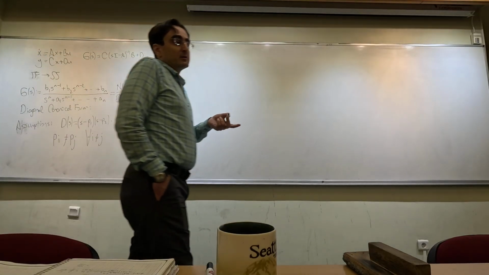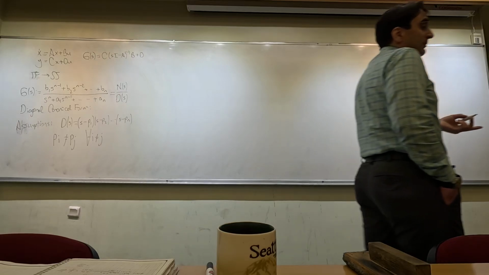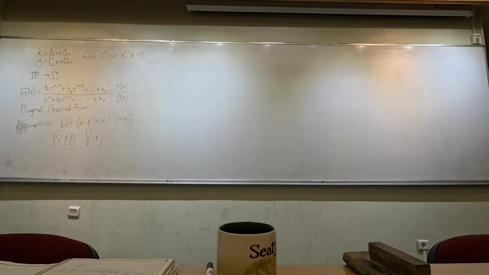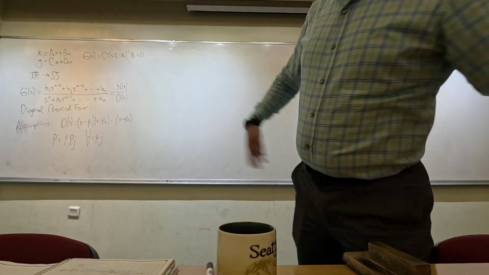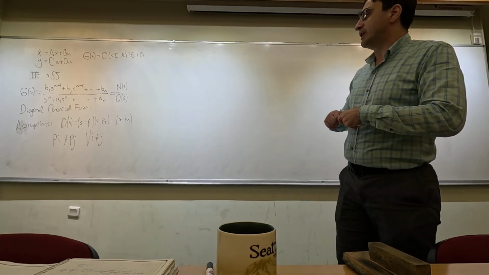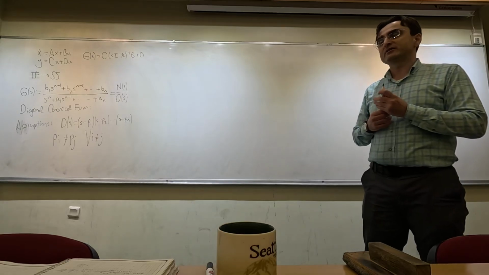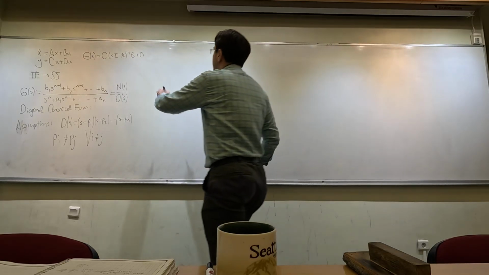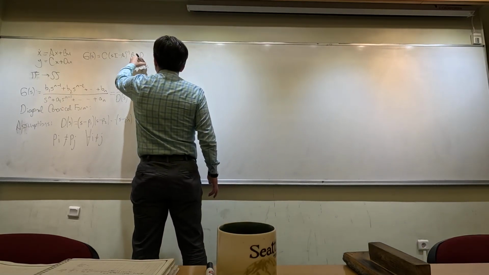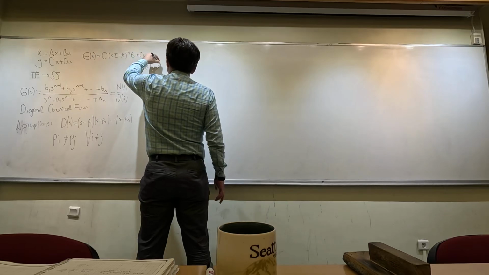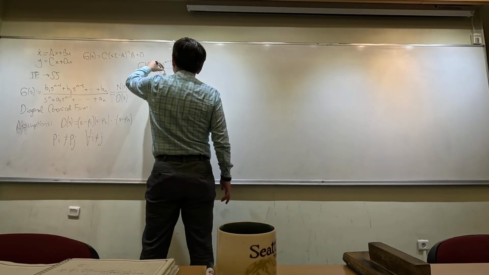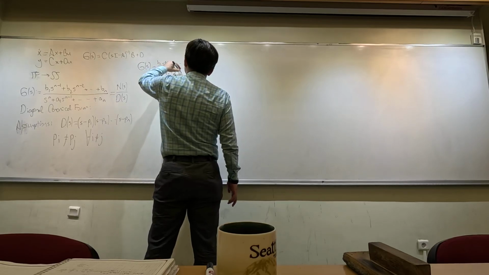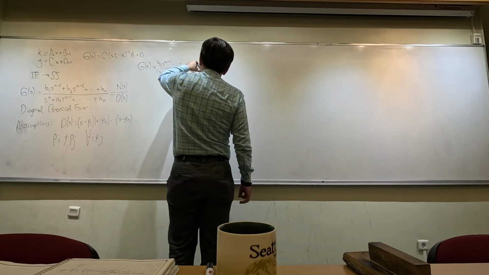This assumption is made because for some transfer functions with repeated poles, diagonal canonical form might not actually exist. So this assumption makes sure that the diagonal canonical form exists, and we can do the following. We can write G(s) as (b1 s to the n minus 1 going until bn) over ((s minus p1)(s minus p2) going until (s minus pn)).